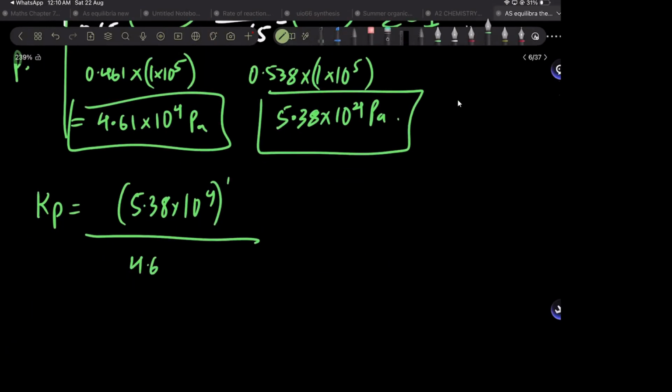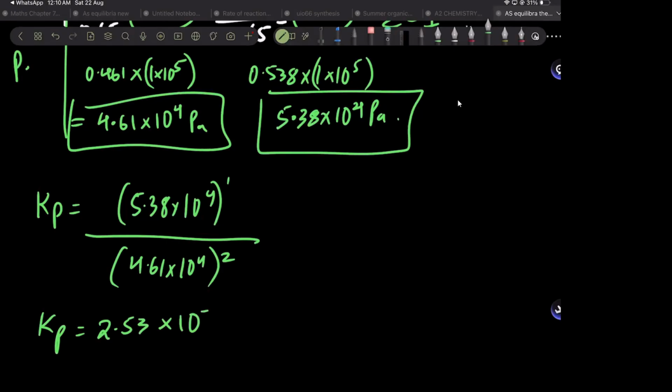So 4.61 into 10 to the power 4, squared. What is the value of Kp over here? I'm getting 2.53 times 10 to the power of -5.